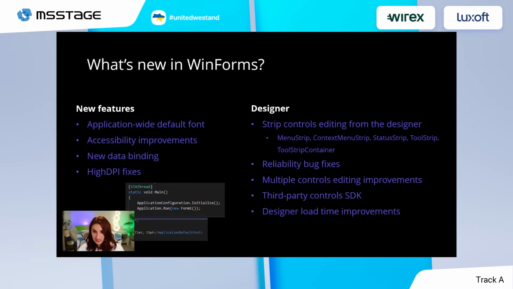When you select like 20-30 controls and you want to move them all, before the experience was painful. Now it works. We have third-party controls SDK. We're continuously working with third-party control vendors such as Telerik, DevExpress, SyncFusion, Infragistics, ActivePro, and so many others.